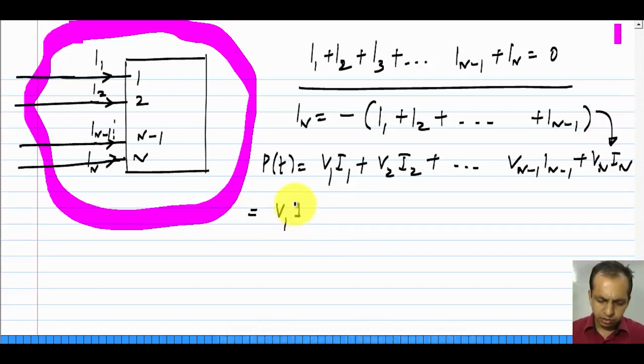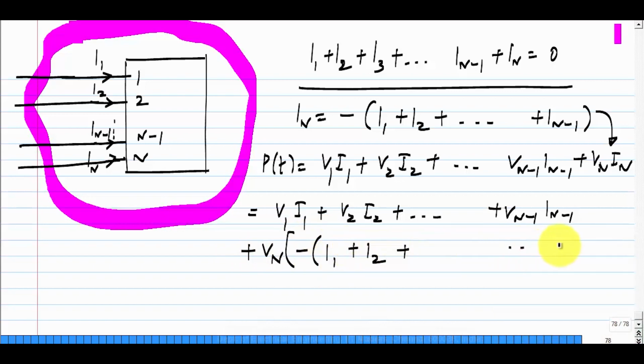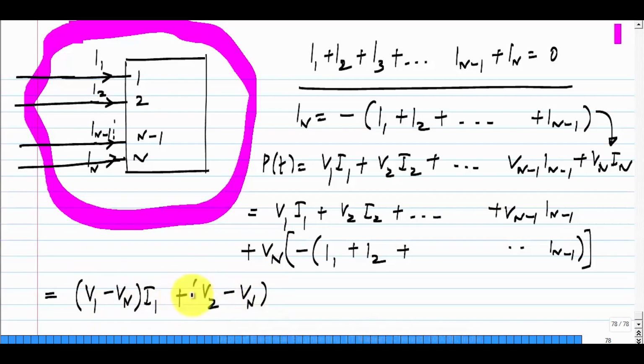This gives us V 1 I 1 plus V 2 I 2 plus V n minus 1 I n minus 1 plus V n times the negative sum of I 1, I 2, I n minus 1, which is rewritten as this.